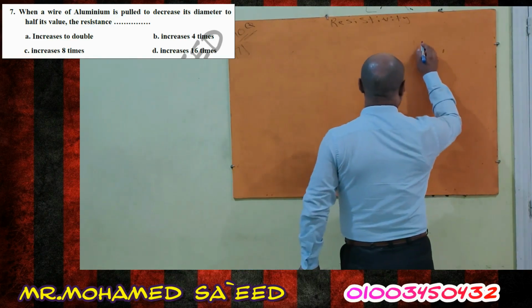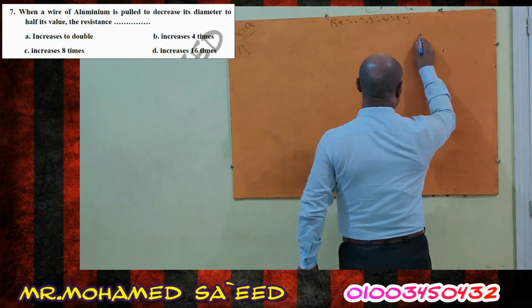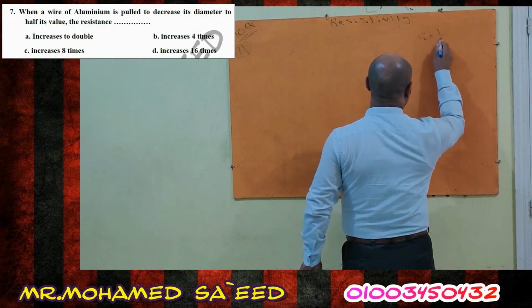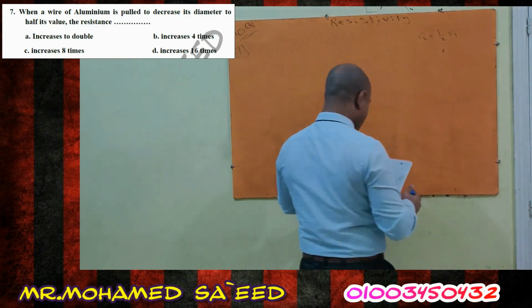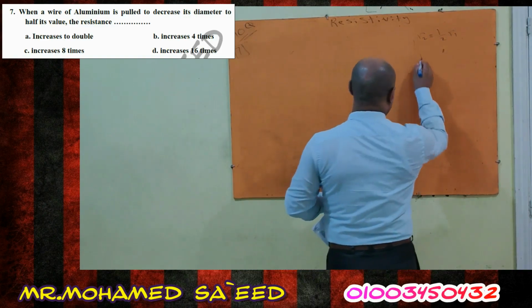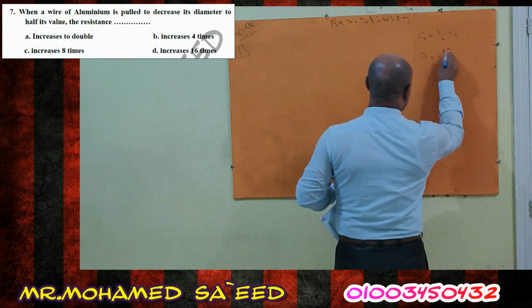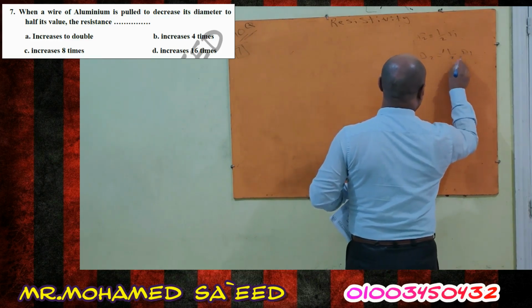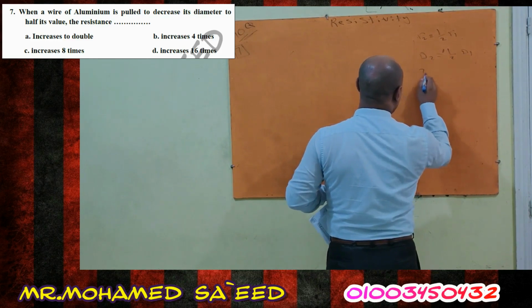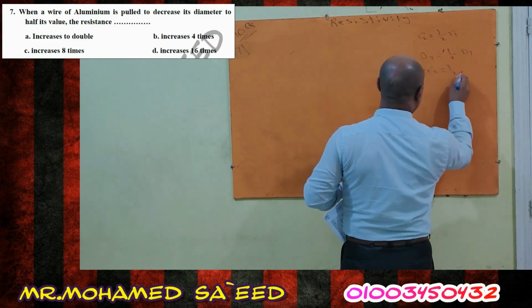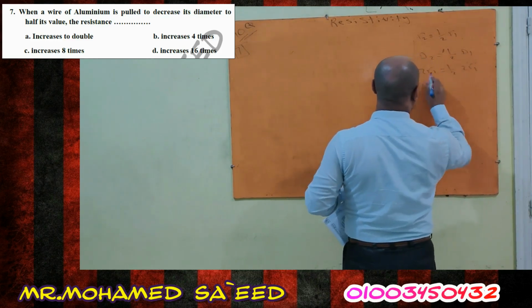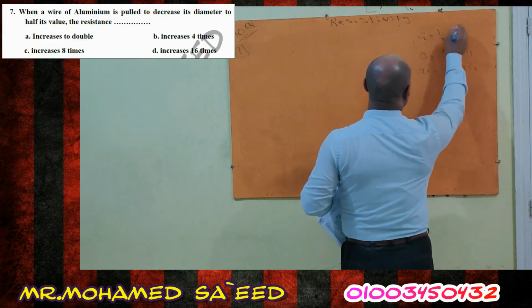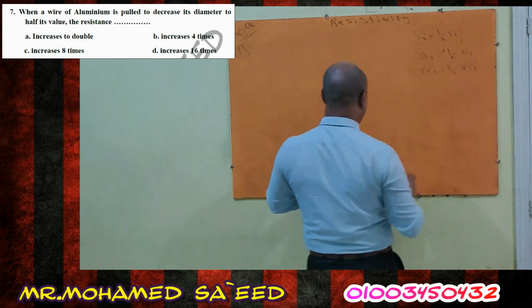So diameter means radius. Its radius R2 equals half R1. We can say diameter 2 equals half diameter 1. Diameter 2 equals 2R2 equals half 2R1. You can cancel the 2, so R2 equals half R1.